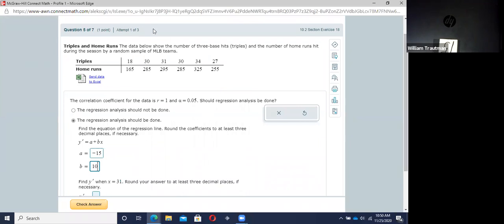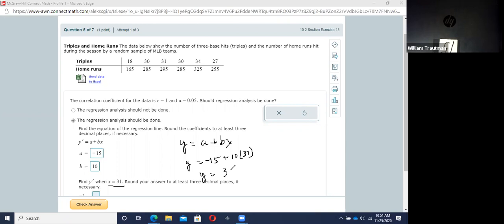Don't forget, Y equals A plus BX. A was -15, B is 10, and then we have X. And here X is 31. So -15 plus 10 times 31 is 325.